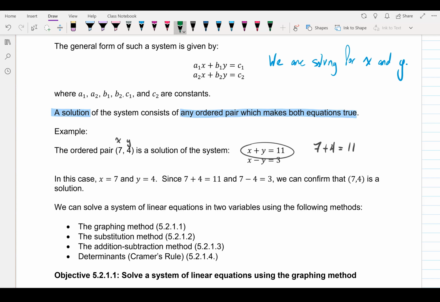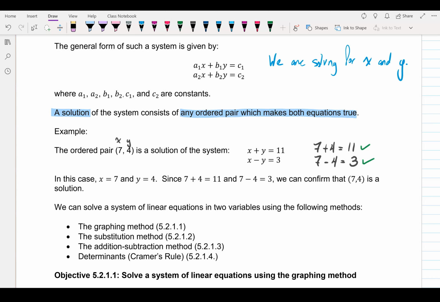And that's true. Left side is equal to the right side, so we're okay. In the second equation, let's try x minus y. Well, if x is 7 and y is 4, that gives us 3. And so it turns out that if we solve for x and y, in both cases they will be a solution to this. And that's all it's saying in this case, if you want to read that line.